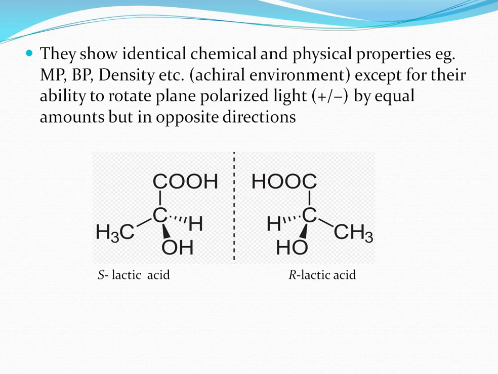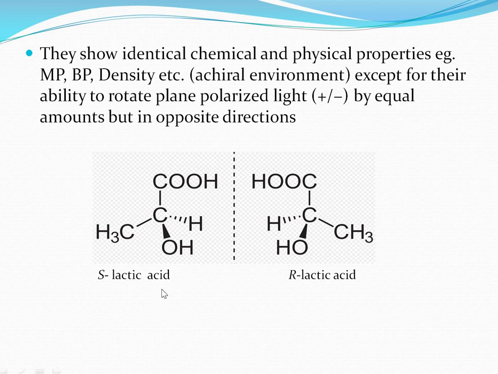These isomers show identical chemical and physical properties in an achiral environment, except for their ability to rotate the polarized light by an equal amount but in the opposite direction.